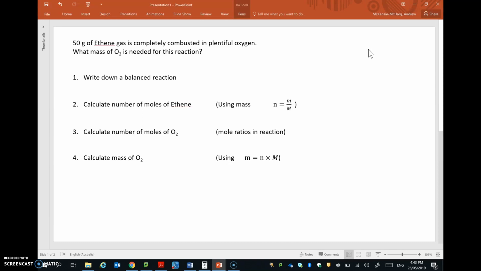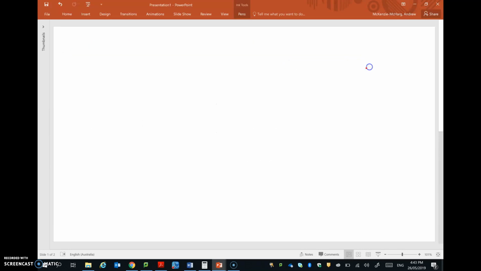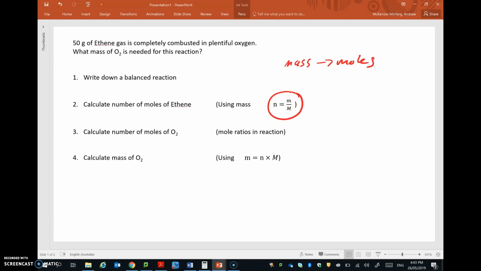Now, these questions are quite involved, but if we practice these steps enough, we can start to see that there's actually quite a distinct pattern and logic to this, even if at first the question seems just to take a set of random steps with no rhyme or reason. What we're actually doing, once we've balanced this equation, is we're converting from mass of ethene, so mass to moles, using this equation here.